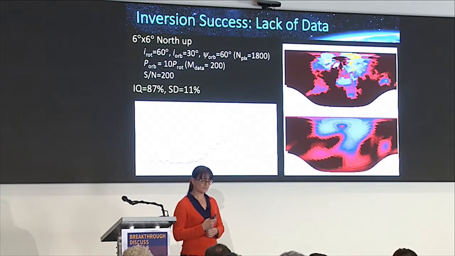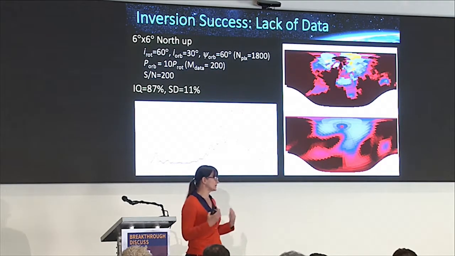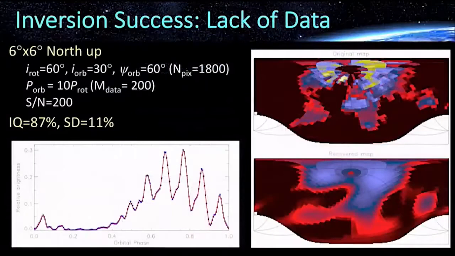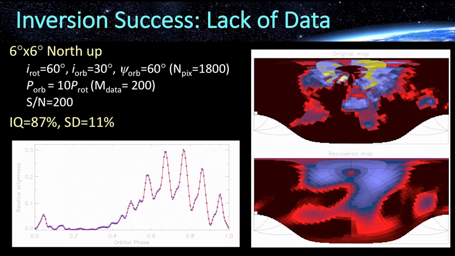Now if we go to a case where we reduce the amount of data, to a more realistic scale, still with a signal-to-noise of 200 but significantly fewer data points, you see that of course the map gets fuzzier and the contrast gets a little less, but still the standard deviation between input and output map is 11%.